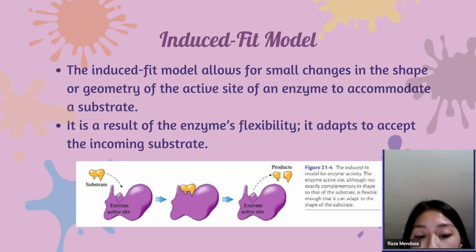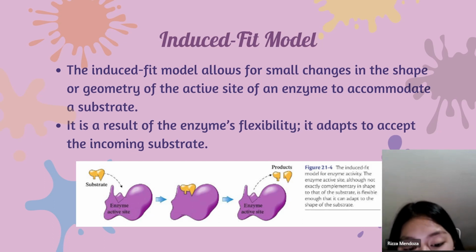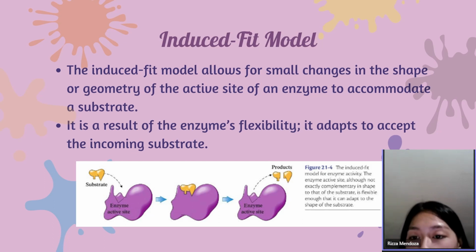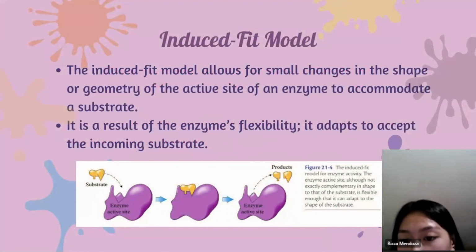It adapts to accept the incoming substrate. Here, substrate contact with the enzyme will change the shape of the active site. The enzyme active site, although not exactly complementary in shape to that of the substrate, is flexible enough that it can adapt to the shape of the substrate. So here is the diagram of the induced fit model.